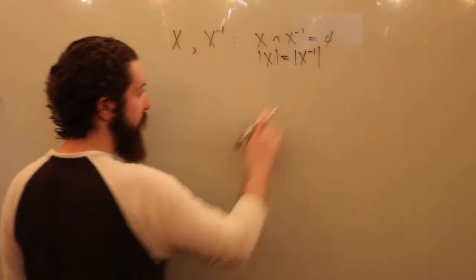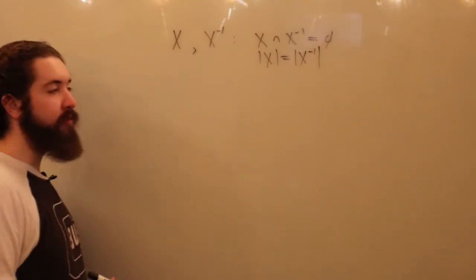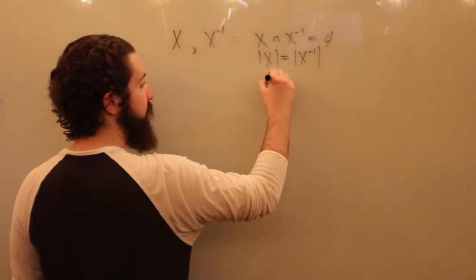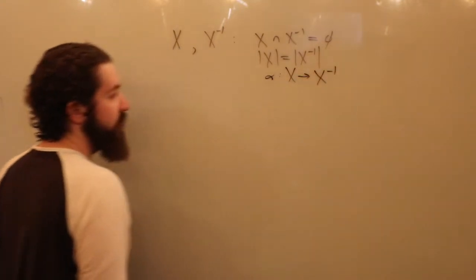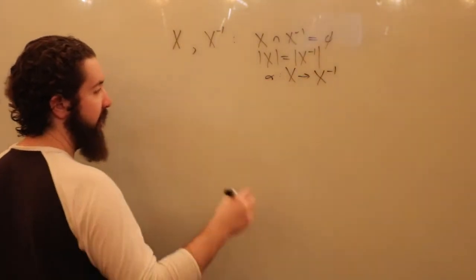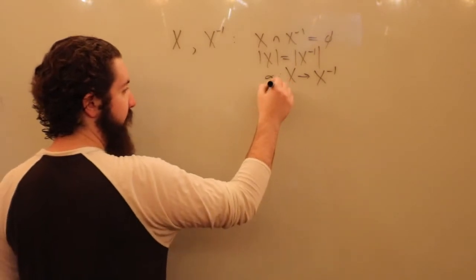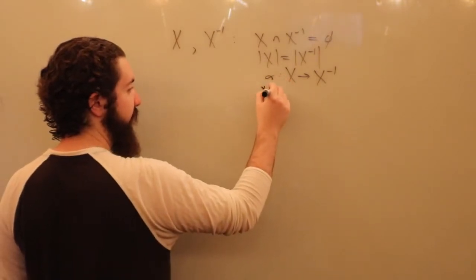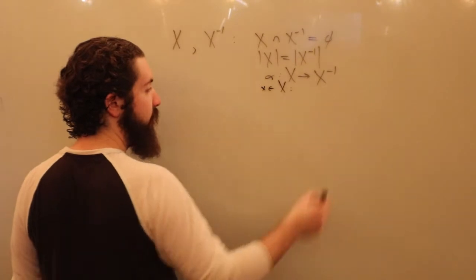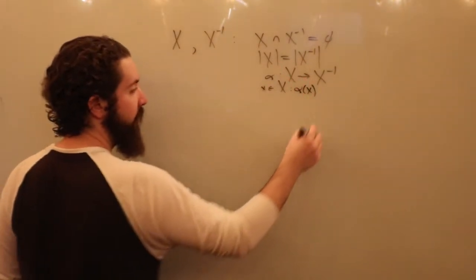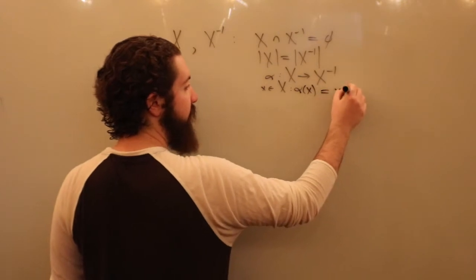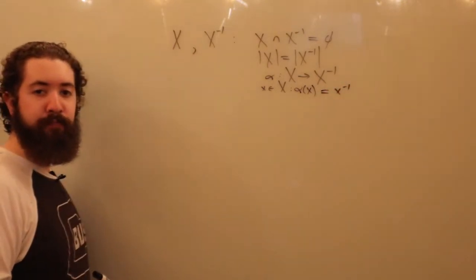And of course, the second statement is equivalent to defining a bijection, let's call it alpha, between them, right? So we have some bijection, and for any element in capital X, we'll call it little x, denote the image under this bijection, could be any bijection we pick, we will simply call little x inverse.